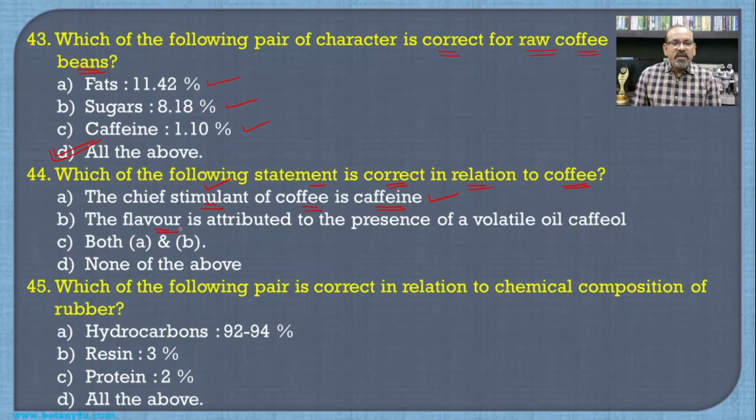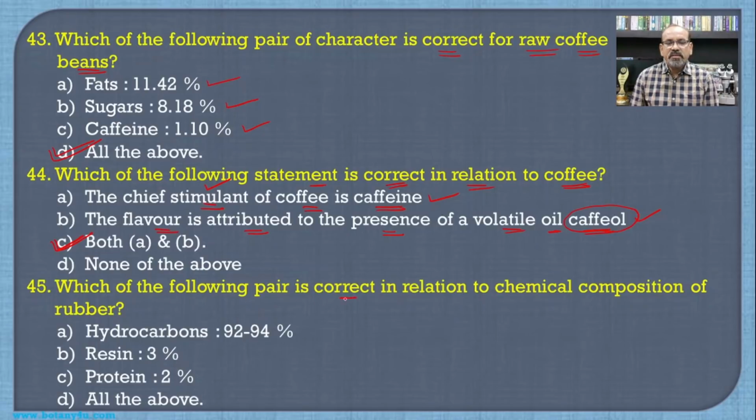Again, the flavor is attributed to the presence of a volatile oil, caffeol. So this particular flavor or taste is because of caffeol, and this is also correct. Hence both A and B are the answer for this question.